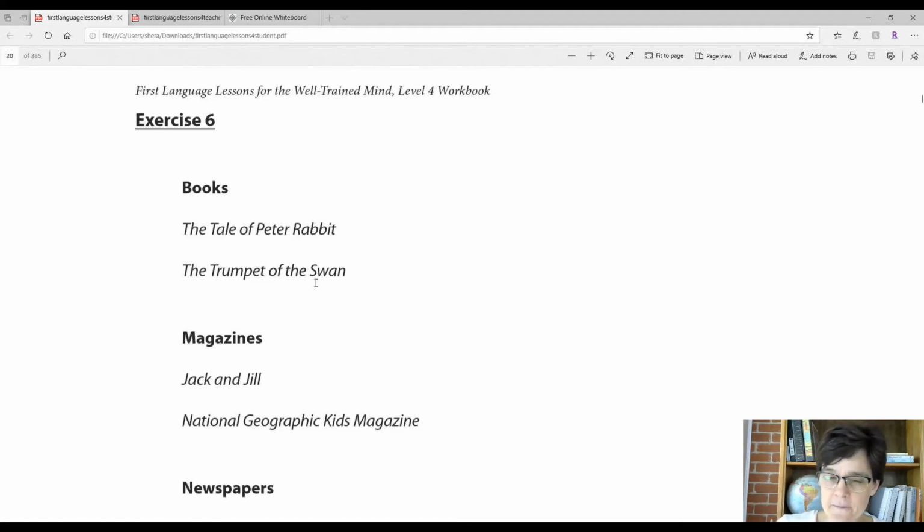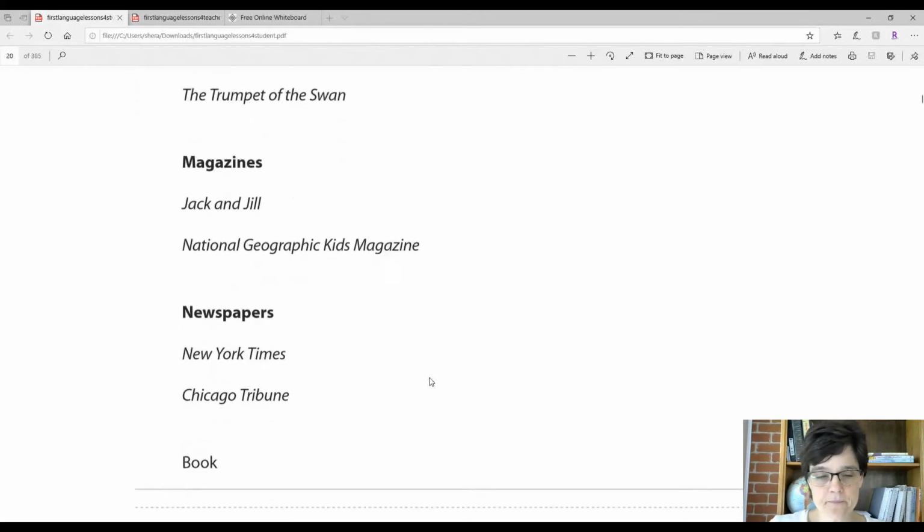You'll begin to see. Jack and Jill, and is not important, but the first and the last must be. National Geographic Kids Magazine, all of those are important words. So those words that are not important are words like of and the and to and things such as that.